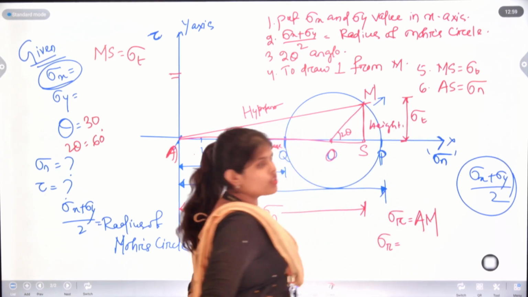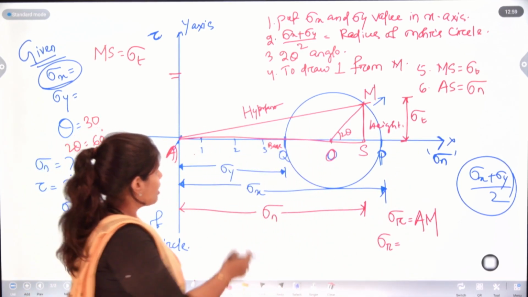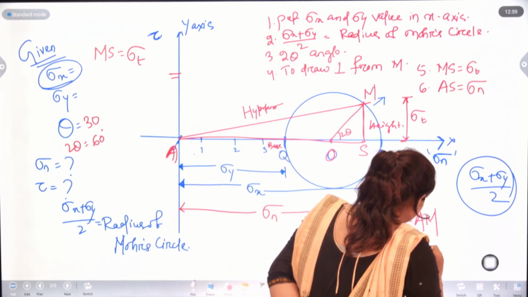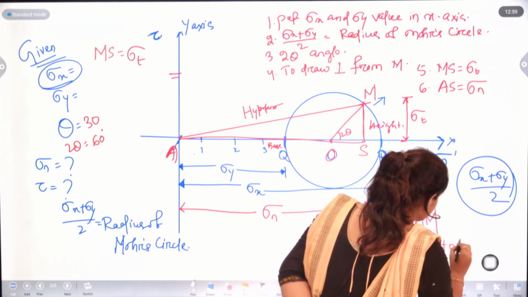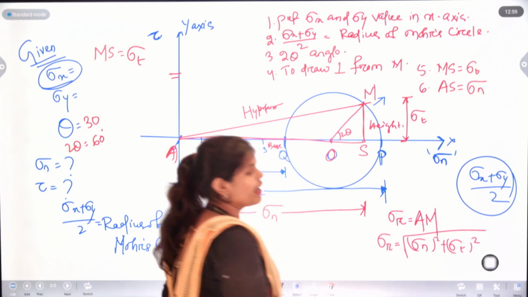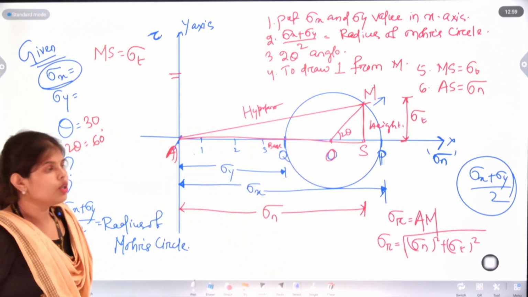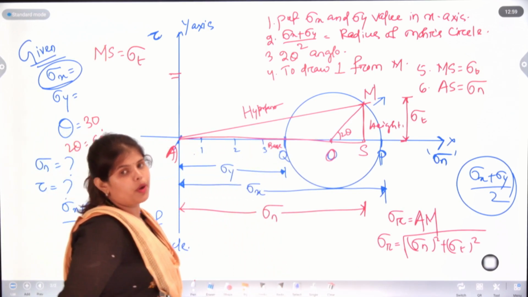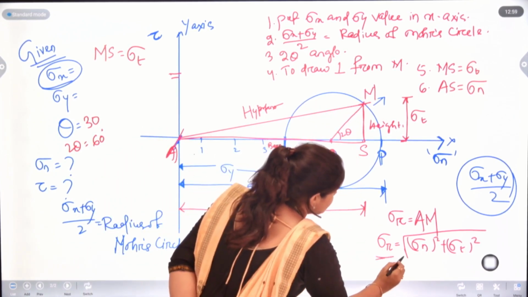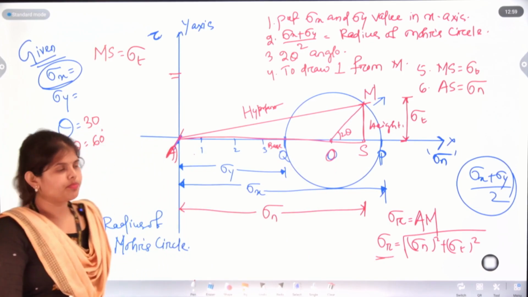So by using Pythagoras theorem, we can find the hypotenuse as the square root of sigma n square plus sigma t square. So after properly drawing, we can find that this AM is equal to the sigma r value, right?